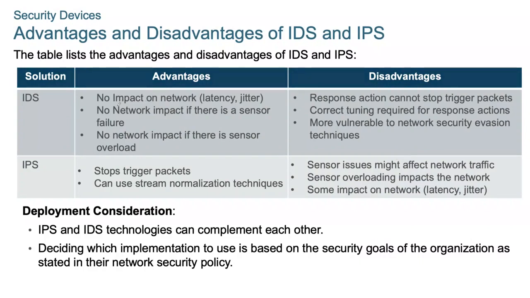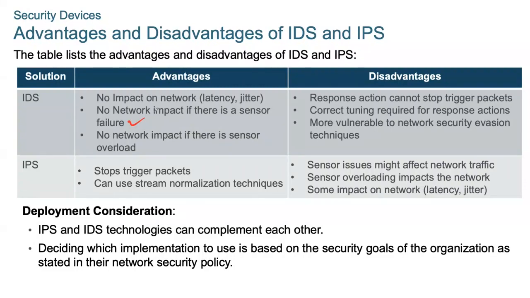For the IDS solution, the advantages are that there is no impact on the network, no latency or jitter. And the second advantage is that by introducing these IDS devices, there is no network impact if there is a sensor failure. There is no network impact, which means that even if the sensors fail, your network is still enabled and able to send and receive packets.